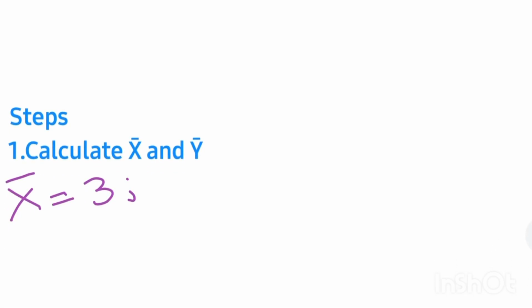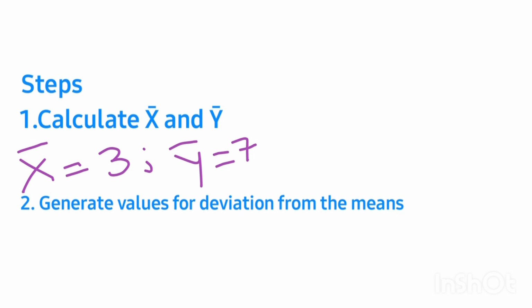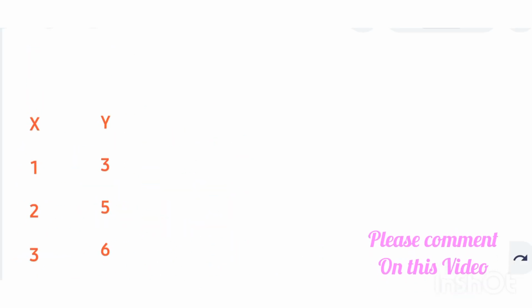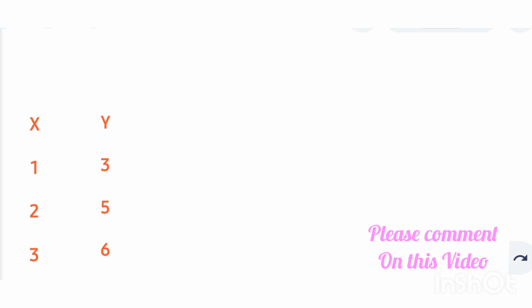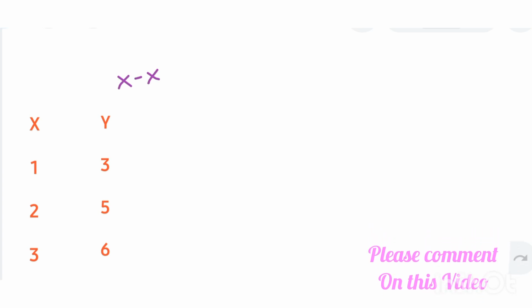So mean Y equals 7, right? Step 2 says generate values for deviation from the means, and this takes us back to our table. The deviation from the mean for the first series, let's call it X minus X mean, right?